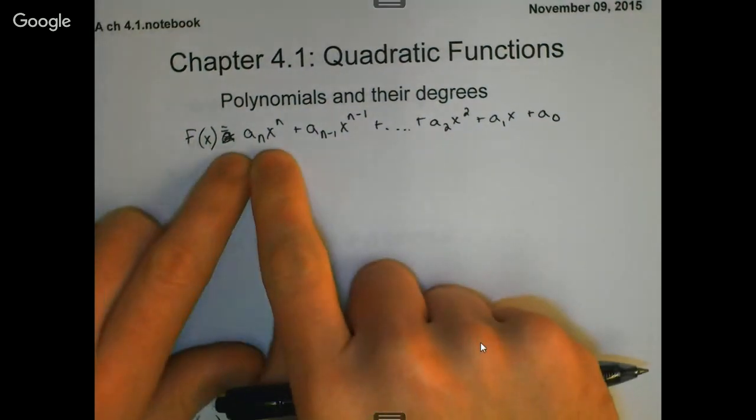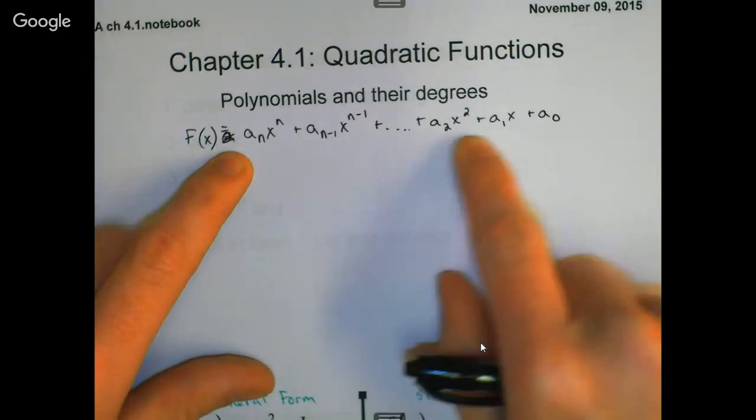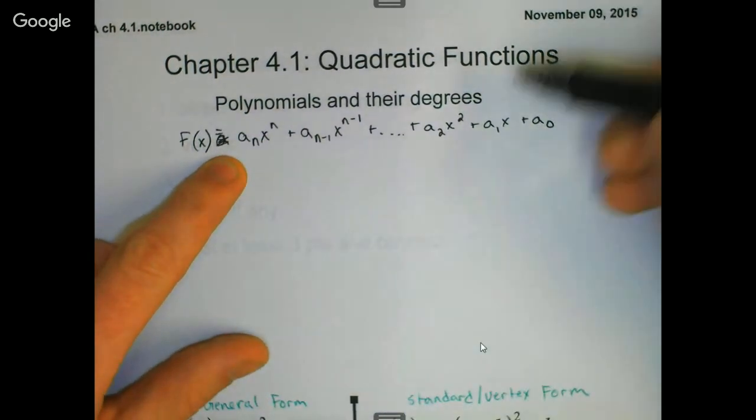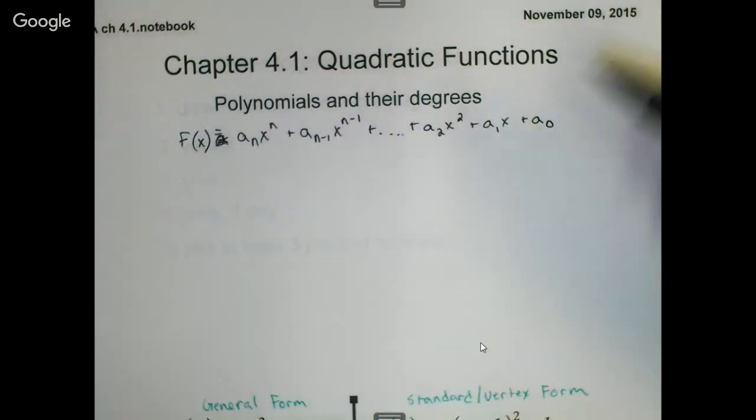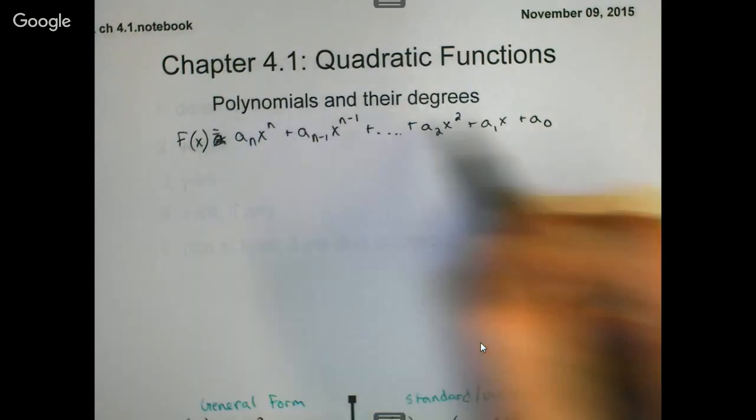Basically, a polynomial is a string of terms with an x variable, or whatever my variable is in my function, raised to a power. I start with the highest power and go down.